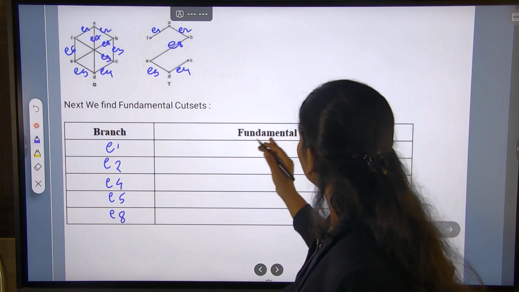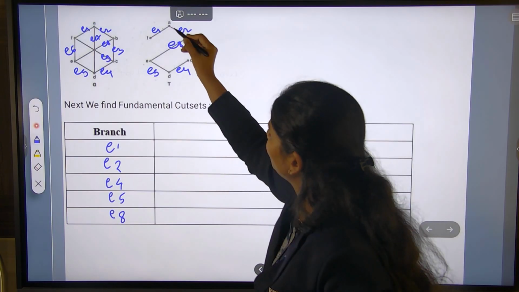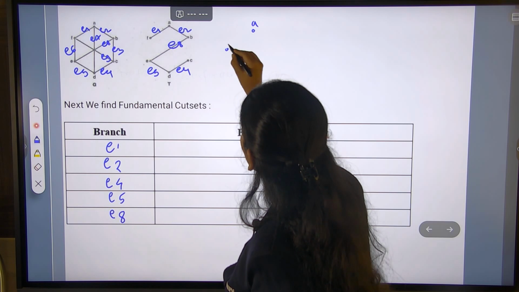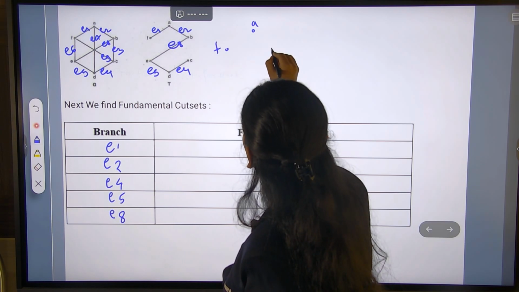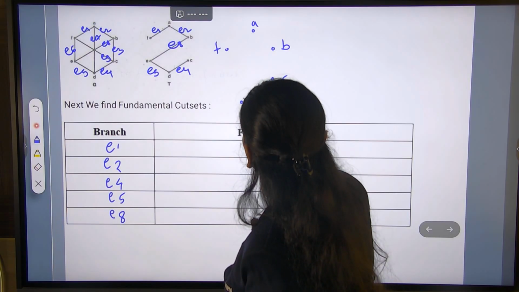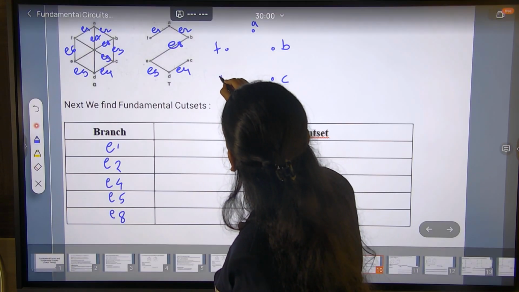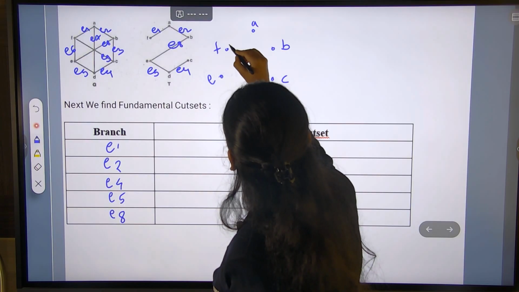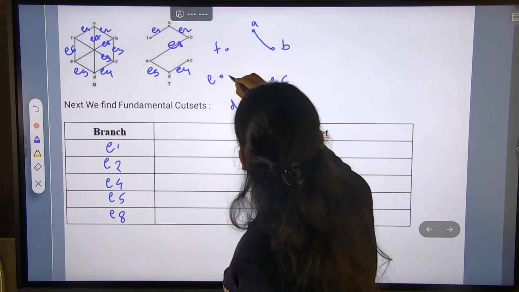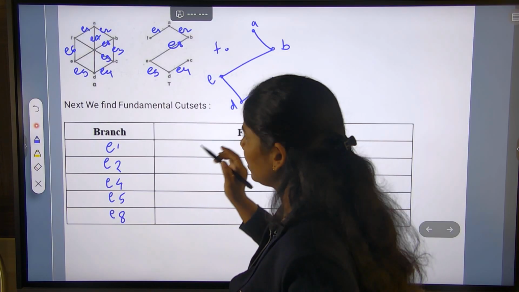Then write down the fundamental cut sets for each branch. If we remove this E1, our graph will be like this. If we remove E1, we get the spanning tree like this, with two disconnected components.